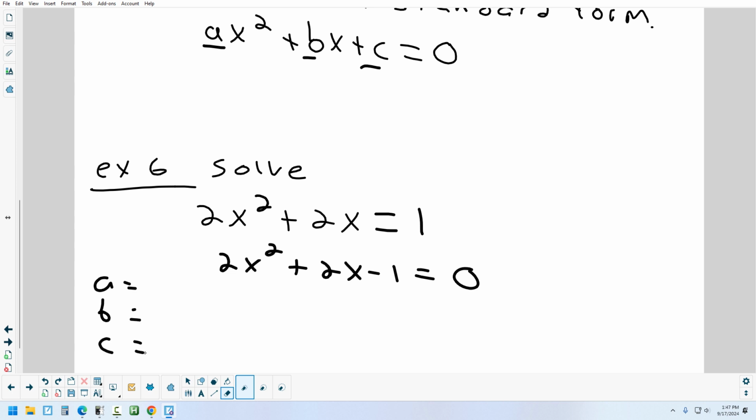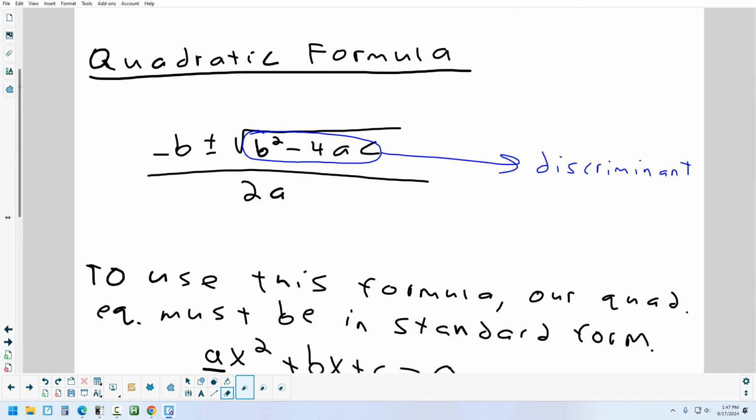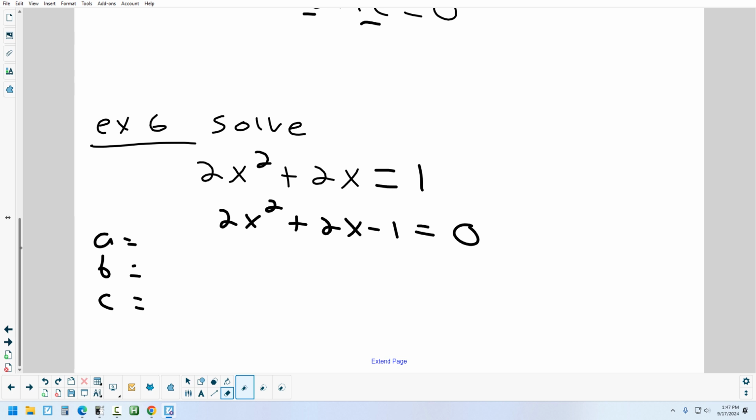Okay. So I want to get ready to plug everything into the formula. What's A? 2. Yep, the 2 in front of the x squared. What's B? 2. Yep, just the 2 in front of the x, just coincidence, they're the same. And what's C? Negative 1. Okay.